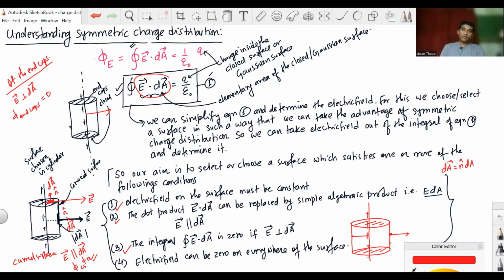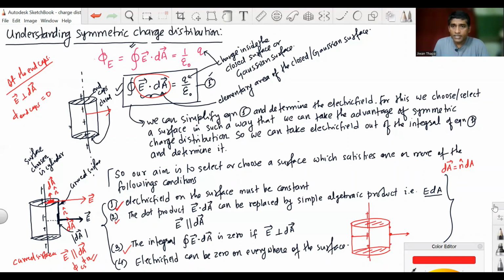Constant. So at this point, on the surface of the cylinder, the magnitude is constant. So this condition is again satisfied. So in this way, we apply symmetry condition for line charge, that is infinite line charge.